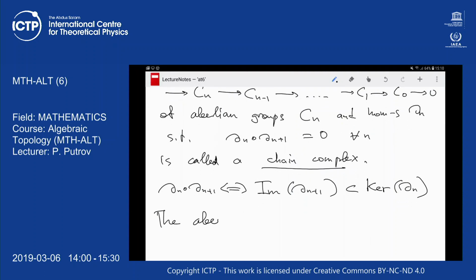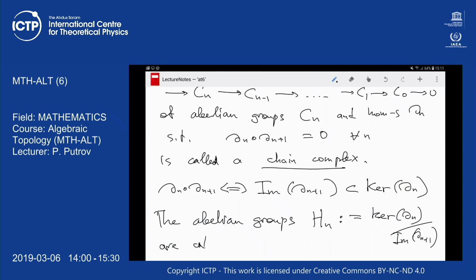So the abelian groups H_n, defined as the quotient of the kernel of D_n by the image of D_{n+1}. Since this is a homomorphism between abelian groups, this image is of course a normal subgroup. Any subgroup of an abelian group is a normal subgroup, so we can define a quotient. These abelian groups are called homology.